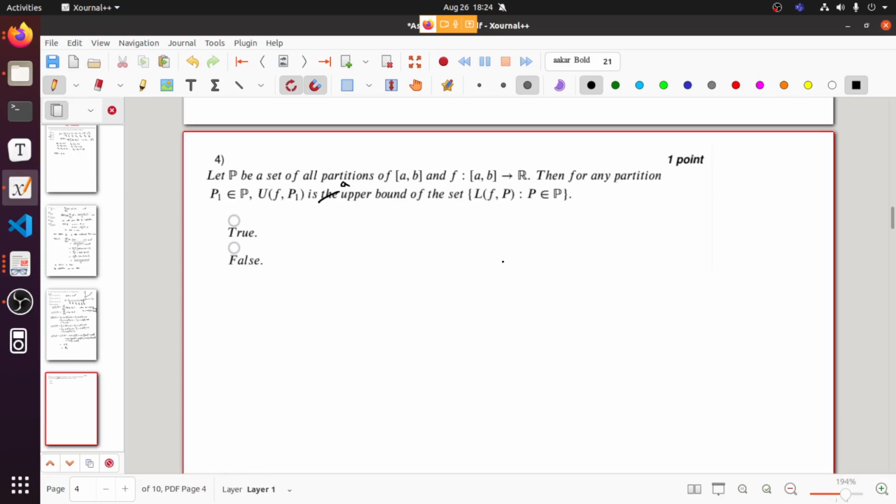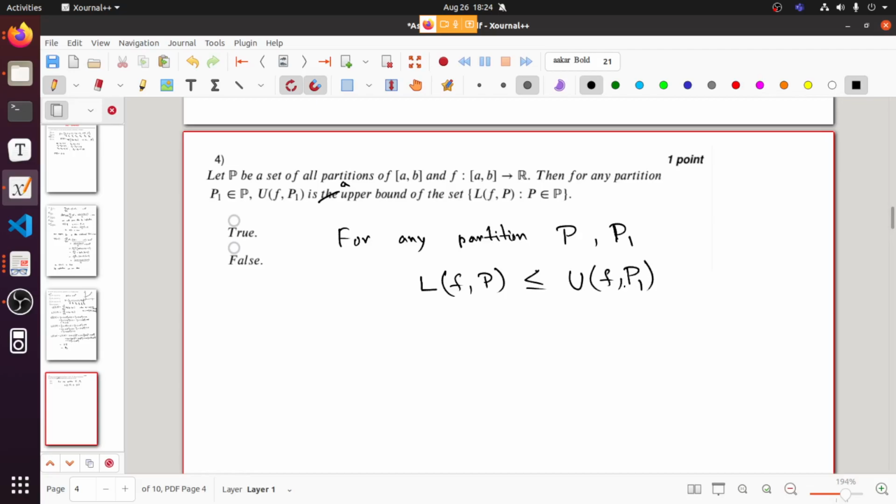Okay, so how to prove this? You know one result from the class that if we take two partitions, P and P1, then for any partitions P and P1, LFP is always less than or equal to UFP1, right?